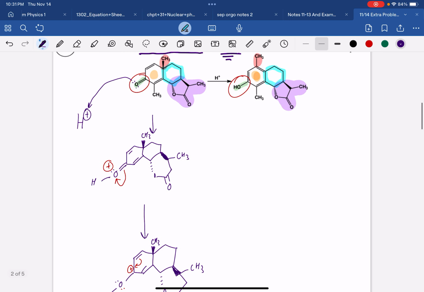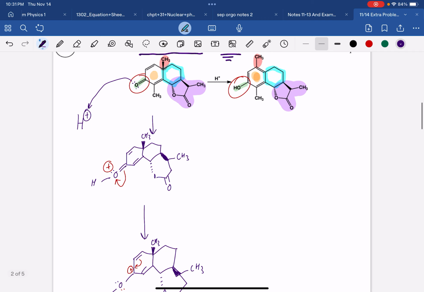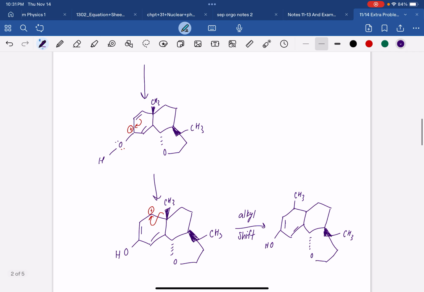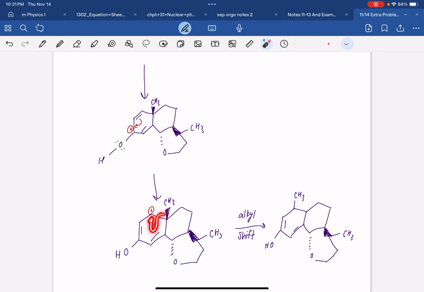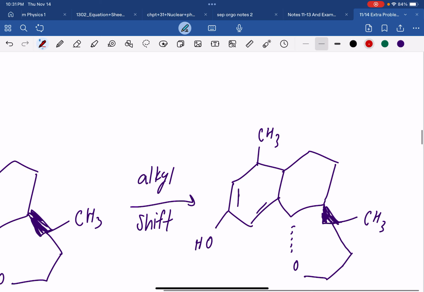Okay, so now we need to look at our product again and recognize what is missing, right? So between this and this, I'm forgetting something, right? Since I did an alkyl shift here and this was plus, now the plus has to be here, right? Let's put a plus charge here.